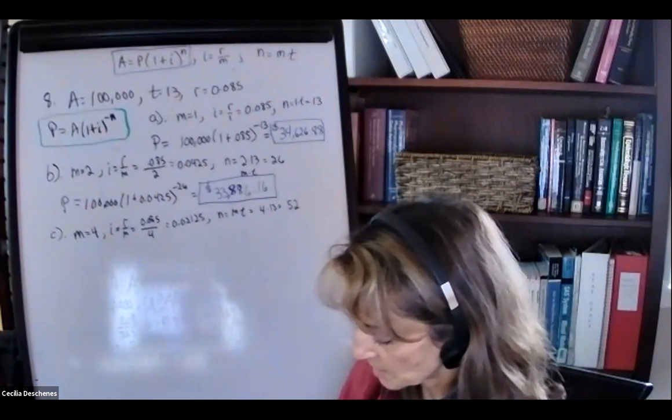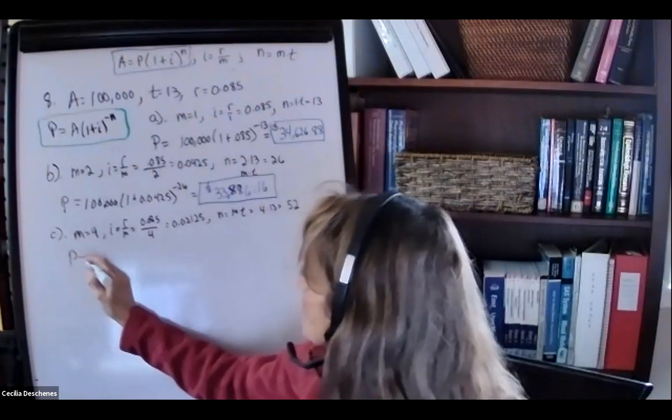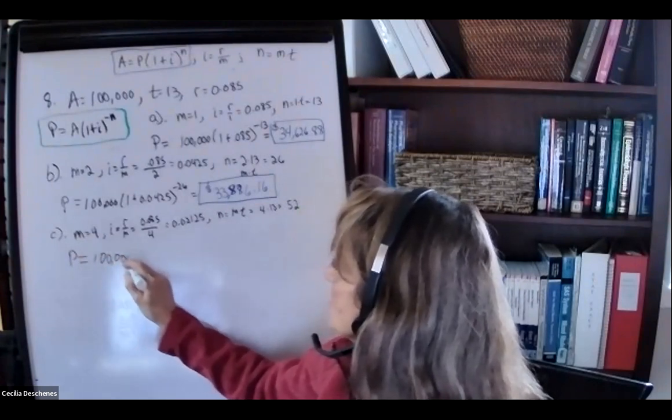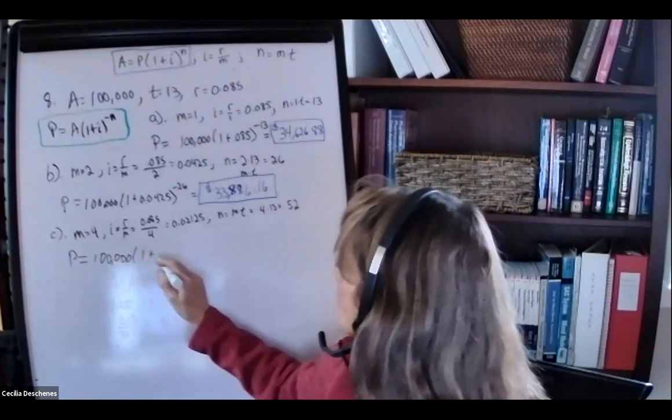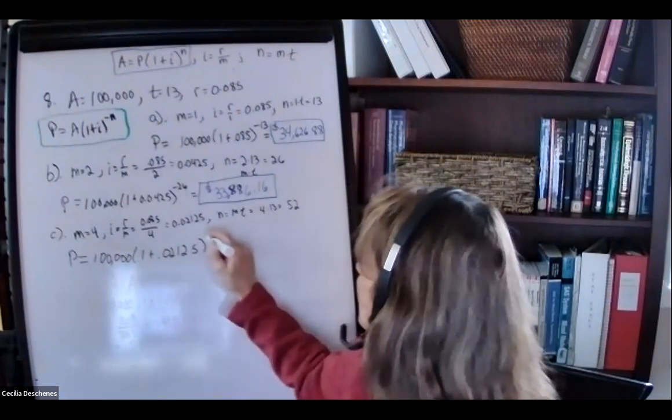Okay, I'm just double checking. Yep. Okay, so now let's get our principal for this account. It's going to be 100,000 times 1 plus 0.02125 raised to the negative 52.